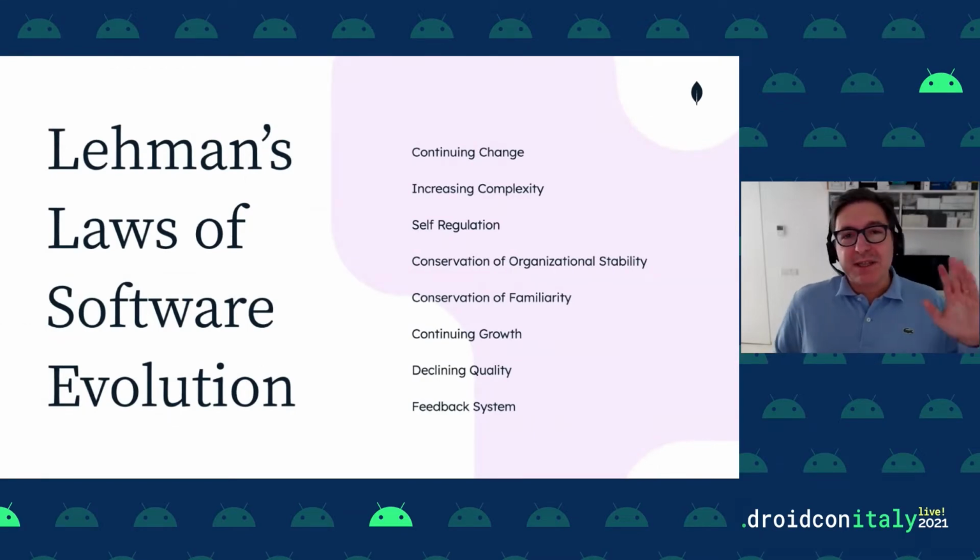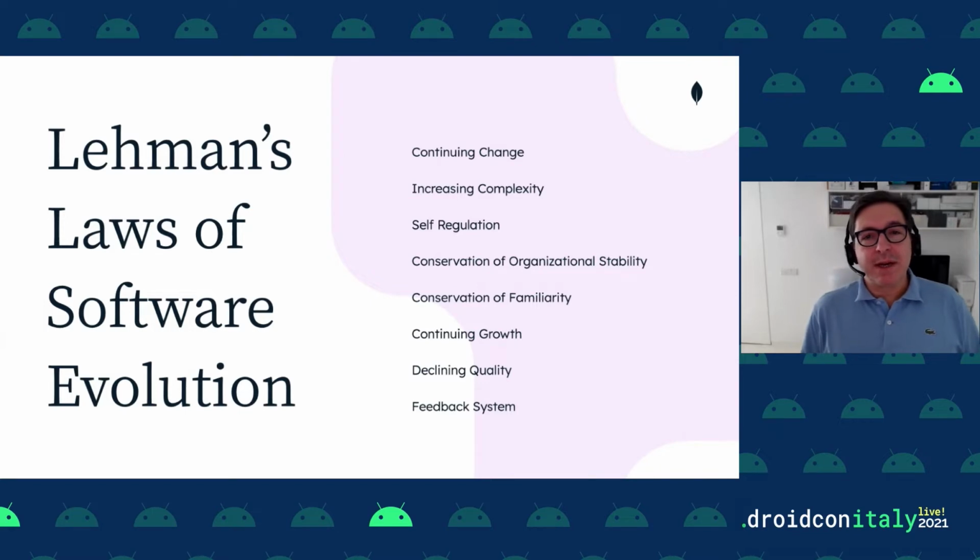Believe it or not, in 1974, a long time ago, Lehman and Belady wrote laws about software evolution that are still quite current. If you read them now, you would think that they were written like 10 years ago, but it has been almost 50 years, and they have aged very well. When we talk about changes in software, it is important to keep in mind that the software has to change if it wants to be useful to the people that use it.